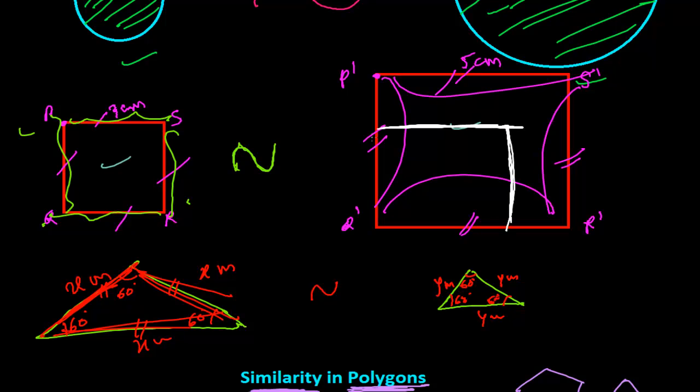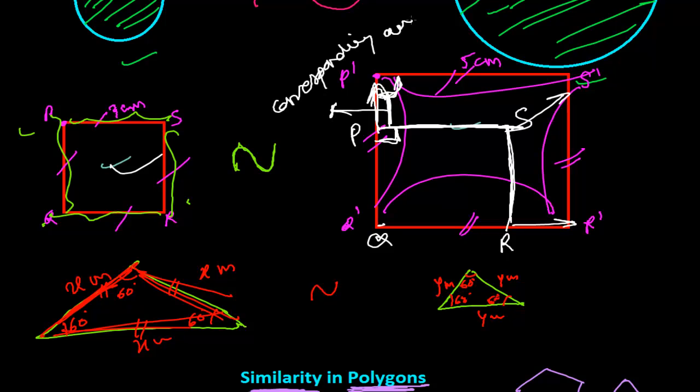This will be P, this will be Q, this will be R, this will be S. P is corresponding to P dash, Q is respective to Q dash, R is respective to R dash, and S is respective to S dash. So angle P and angle P dash are called corresponding angles.